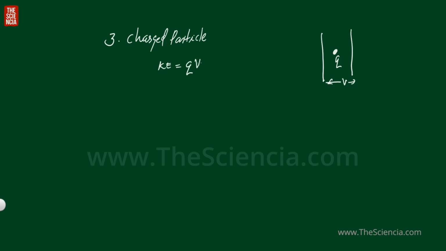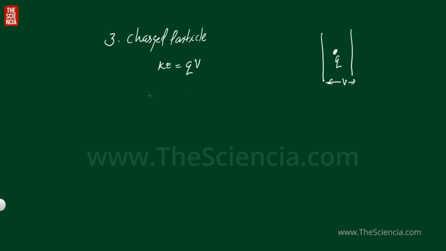Third example, a charged particle. Suppose a charged particle, charge Q, is placed in a potential V. Then the energy will be kinetic energy, and that will be equal to QV.